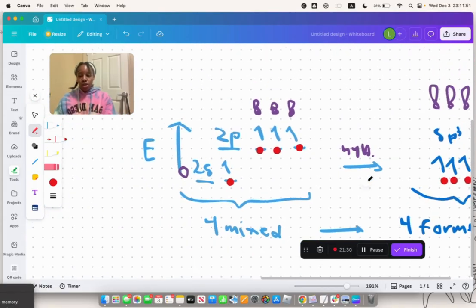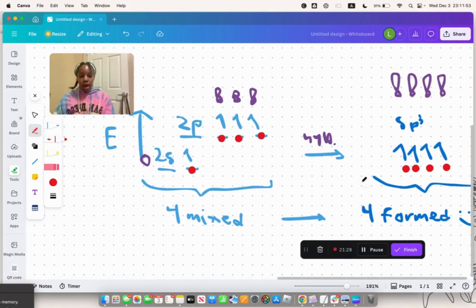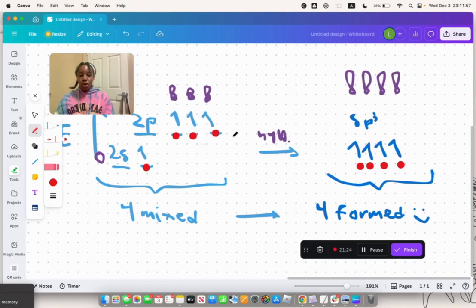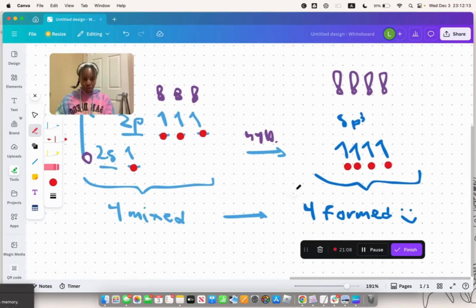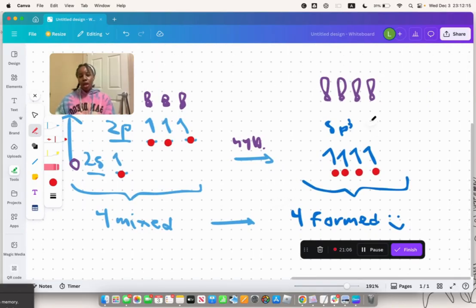It's really important to look at how we are mixing four orbitals and we're getting out four orbitals, and this is called the conservation of orbitals, which means you can't create or destroy orbitals. It's just pretty much mixing. So we form four orbitals.